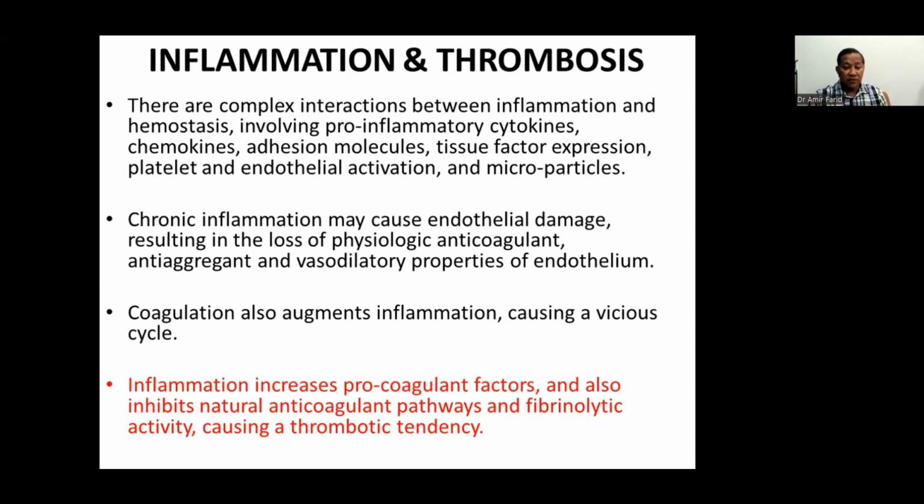So this chronic inflammation, after causing endothelial damage, results in the loss of the physiologic anticoagulant, anti-aggregant, and vasodilatory properties of the endothelium. So the healthy endothelium has a normal, healthy, balanced control of anticoagulants and anti-aggregants and vasodilatory control, right?